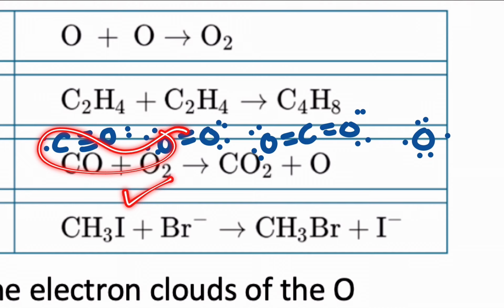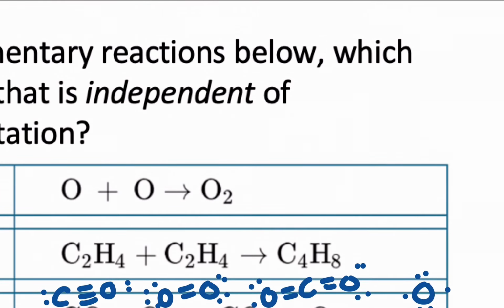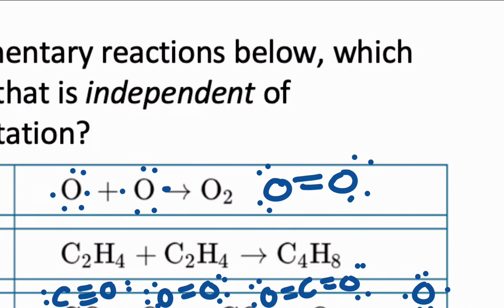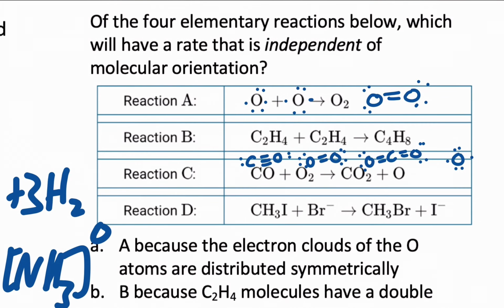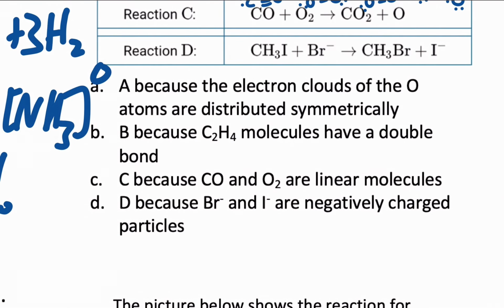So that does depend on orientation. And frankly, most reactions do that. But I can look at the first one and try and imagine, does this one depend on orientation? No, not at all. Think about 2 oxygen atoms. They just have to collide with each other. They're just like particles to make a new oxygen-oxygen bond that looks like that. So which one is independent of orientation? Must be reaction A.